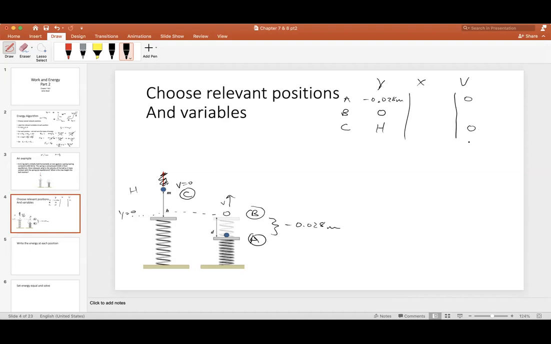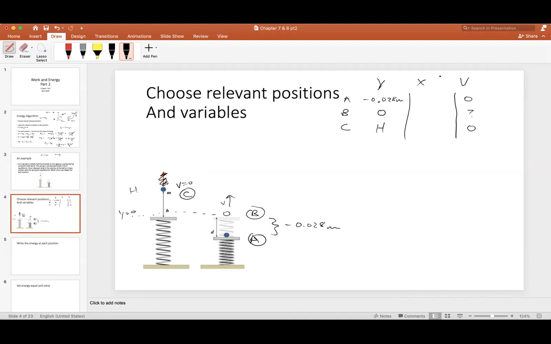And V of C, we know from projectile motion and free fall motion that when the motion starts heading upward against gravity, at its highest point, the velocity in the Y direction is 0. We don't know what V is for B. We don't know what V is right when it clears. We were asked to find that.